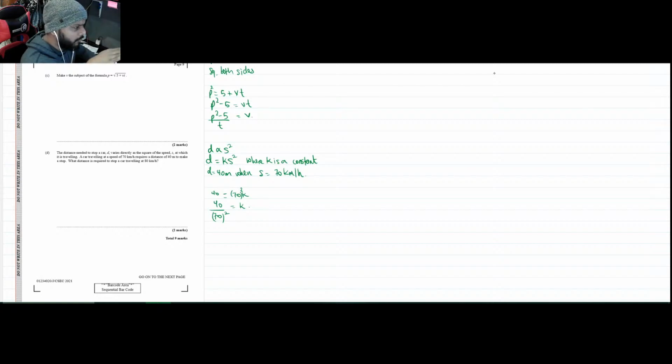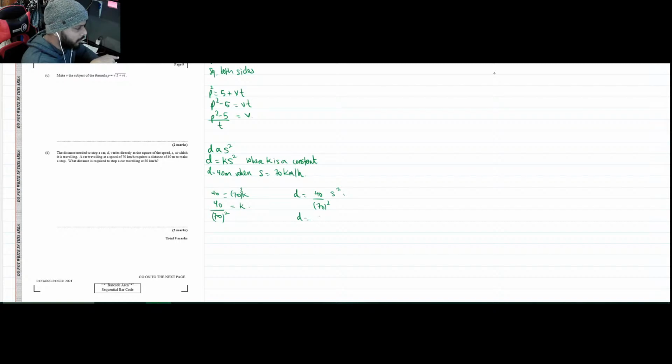So I could rewrite my formula now and say that D is equal to K S squared, with K being 40 over 70 squared. They ask what distance is required to stop a car traveling at 80 kilometers per hour.